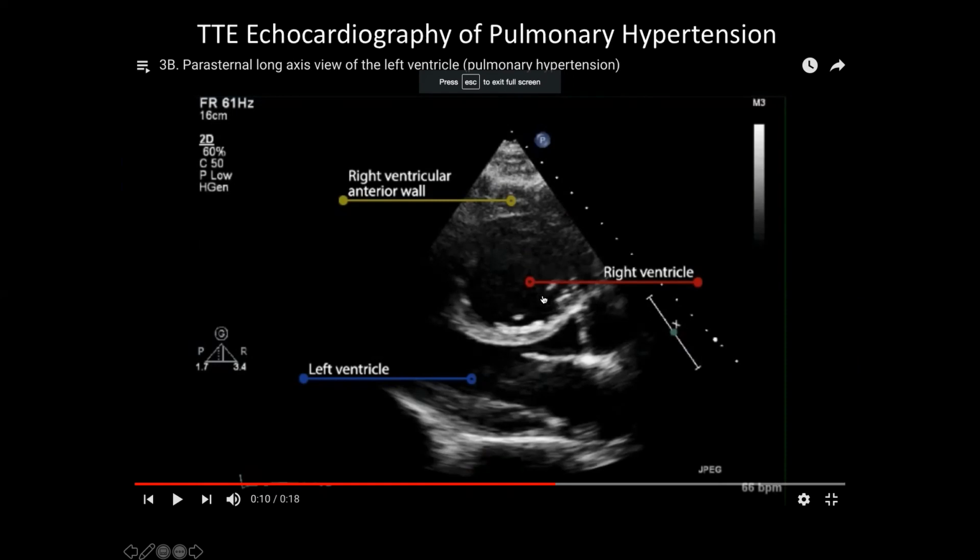Now, the issue with echocardiography and measuring the right ventricle is it's very difficult to get a view in which you get a global feeling of how the right ventricle is doing, because the right ventricle is wrapped around the sort of right anterior wall of the heart, and has a highly variable shape.